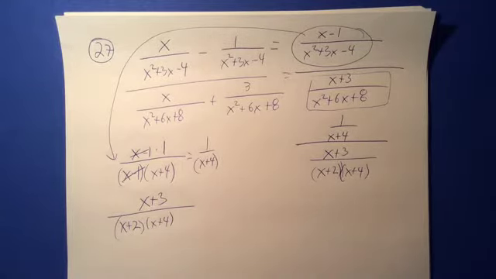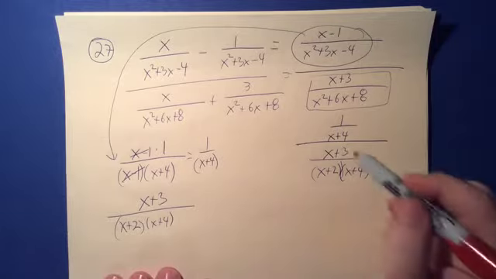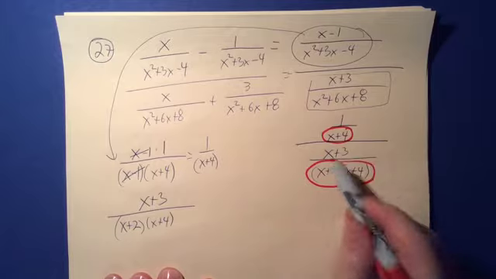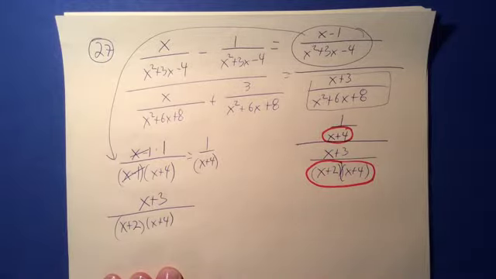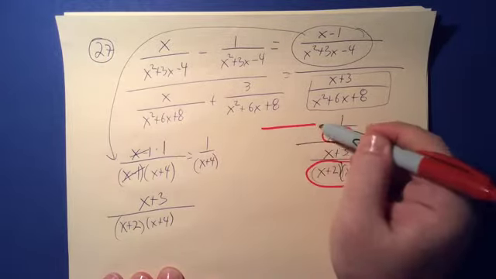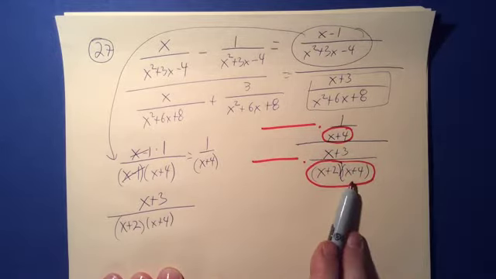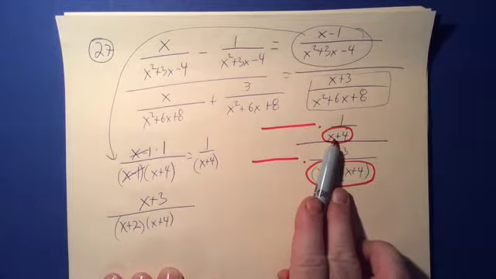At this point, what I'm looking to do is to get rid of the denominator of x plus 4 and to get rid of the denominator of x plus 2 times x plus 4. So I'm going to multiply the top fraction and the bottom fraction by x plus 2 times x plus 4, and that's going to keep that up here.